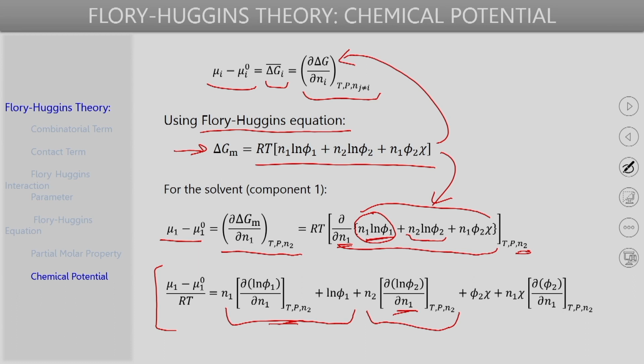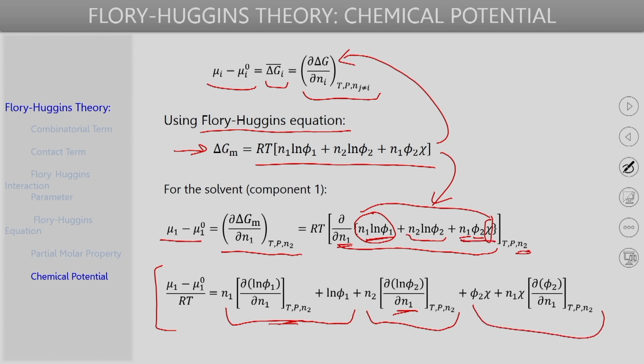And in the third term, again we have n1 and phi 2, both of which will contribute to the partial derivative with respect to n1. So again using the product rule, chi, the Flory-Huggins interaction parameter, we will assume to be independent of n1. So by the product rule again we will get these two terms as a result of differentiation of this third term.